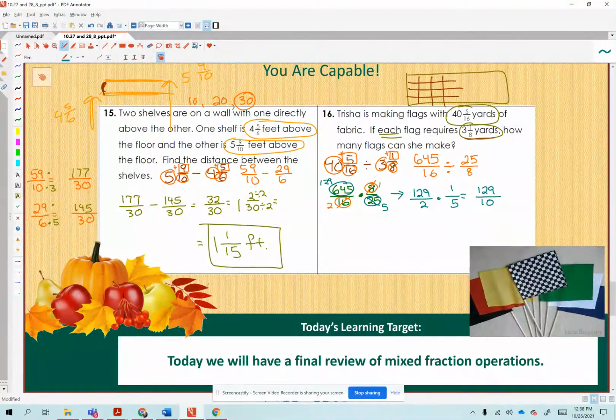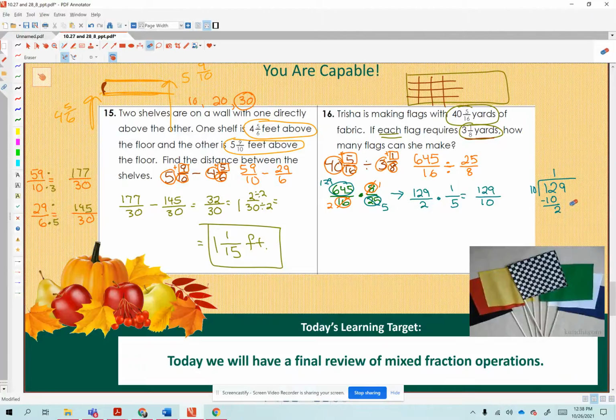So let's make this a mixed number. So we will divide 129 by 10, and 12 divided by 10 is 1, with 2 left over.